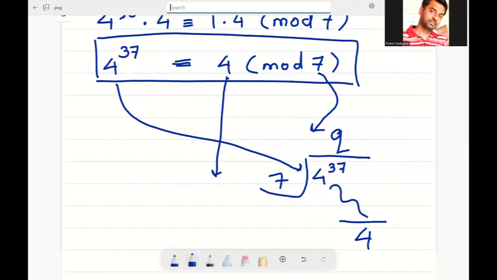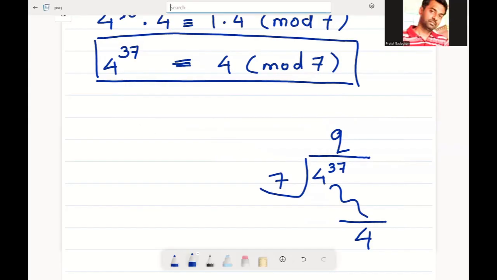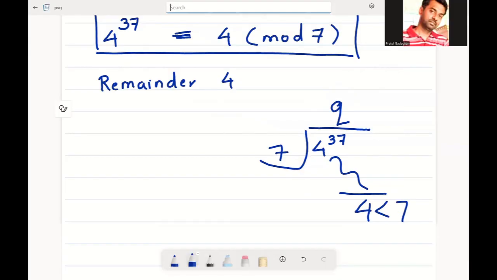The remainder in our problem is 4. You see, we already knew that the remainder will be less than 7 and greater than or equal to 0. So 4 is a number which is less than 7 and greater than or equal to 0. So this is how you actually find the remainder using Euler's theorem.